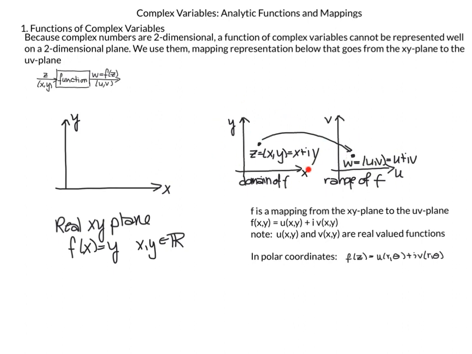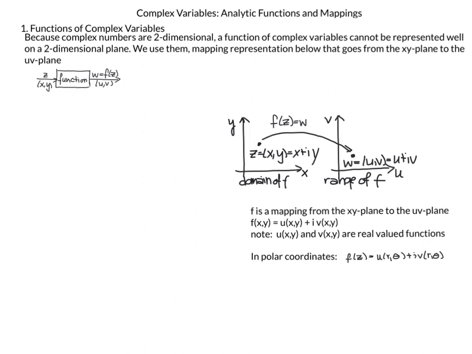So we have an xy plane, which represents the domain of our function, and we have a point in the xy plane, z, which is equal to the xy coordinate, which is x plus iy. And then we map it with f of z, and so I should put f of z over here. f of z maps z over to a point w in the uv plane, and the uv plane is also considered to be complex. So in other words, w equals uv, which is u plus iv. So this is the way we picture our complex functions, as opposed to just being able to graph them. We have to talk about going from an xy plane to a uv plane.